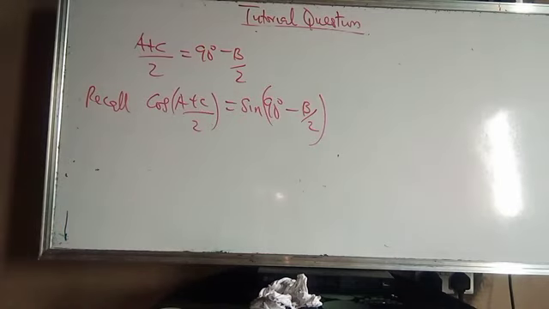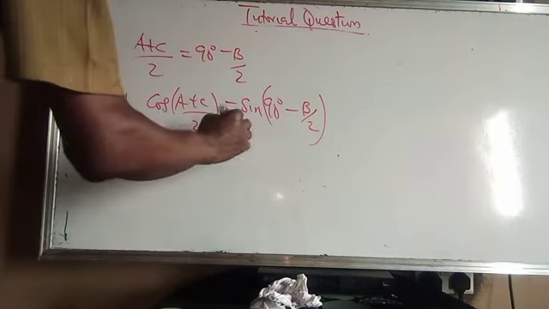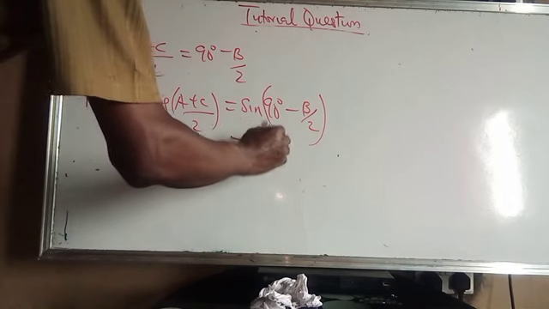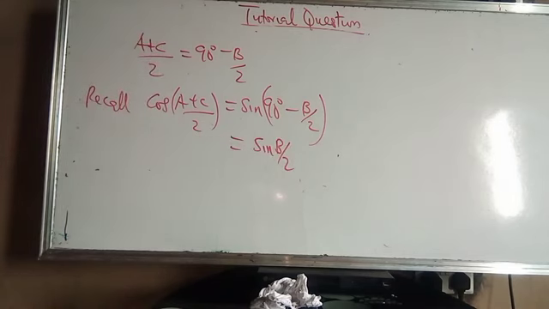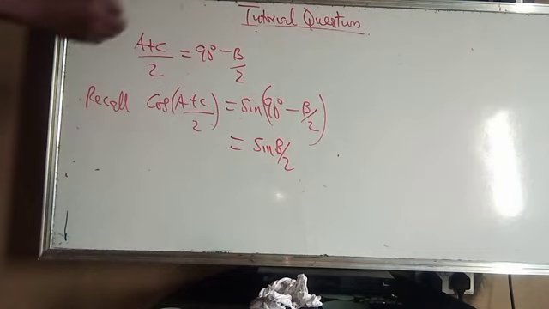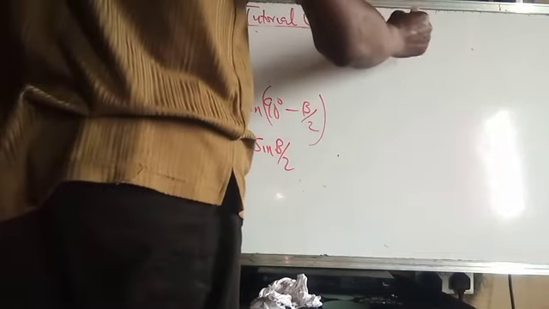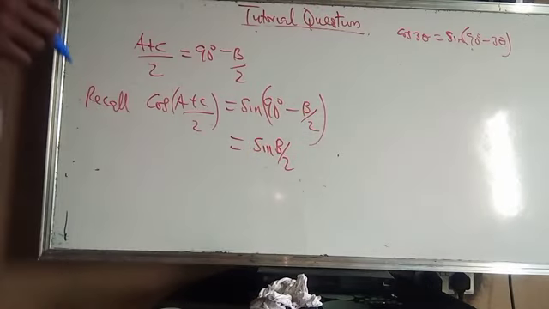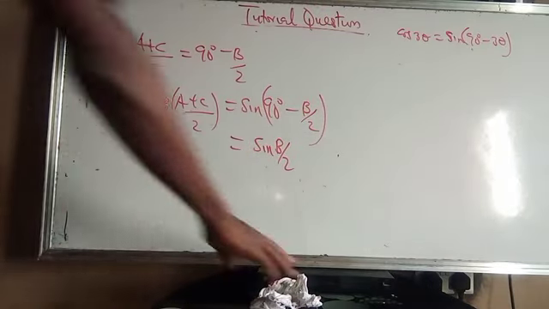This is going to give us sine B all over 2, because it's positive. Just like the other time where we said cos 3 theta is equal to sine (90 degrees minus 3 theta), we have done something like that in our cofunctions.